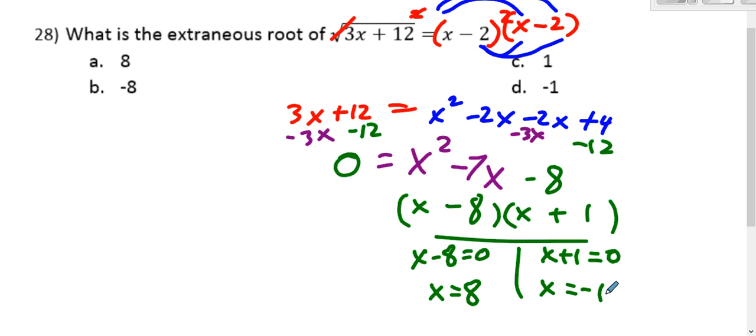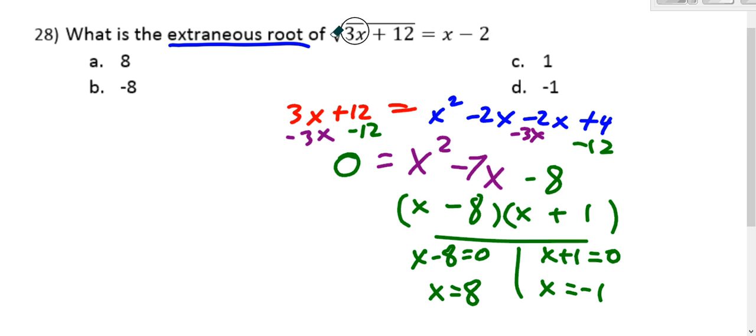Now, what you need to be careful about is it's asking for the extraneous root, which means which one of these do you get as an answer that does not work when you plug it back in. So we just got our answers. Now let's look at what works when we plug it back in. So plug in the 8. 3 times 8 is 24 plus 12.